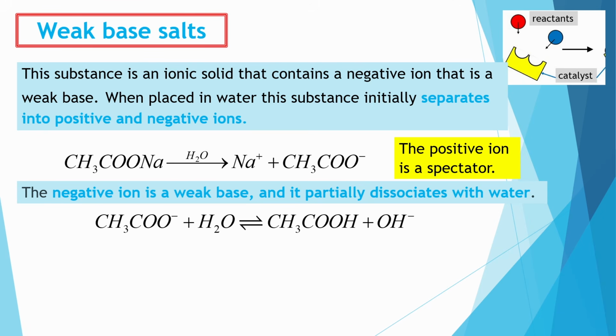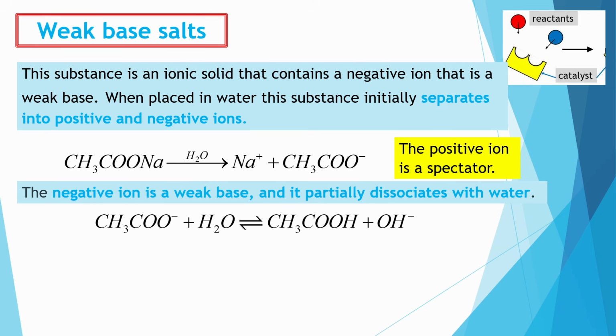So when you see these substances, when they are salts, ionic solids, they're going to have metals and non-metals. You're going to recognize them because you'll recognize what ethanoic acid looks like or ammonia looks like. When you see these salts, it splits apart into the positive and negative ions. If it's a weak base salt, the negative ion is going to be a weak base.